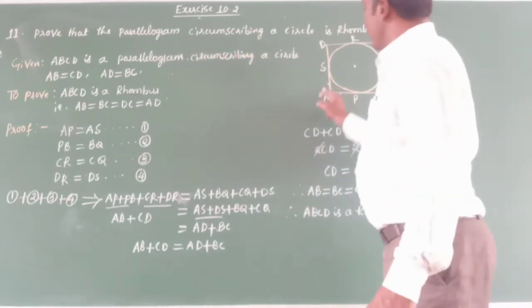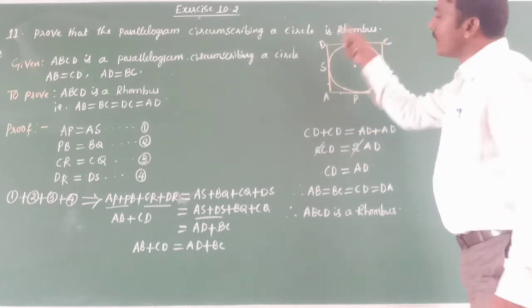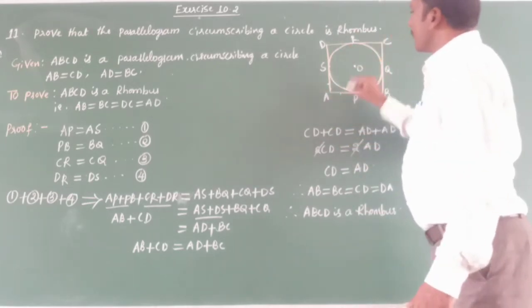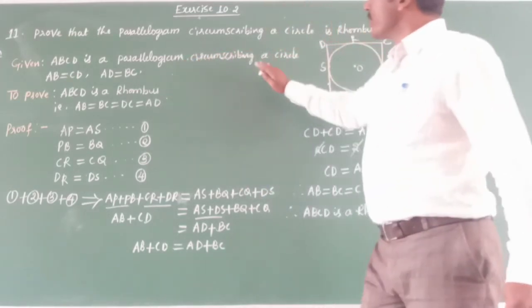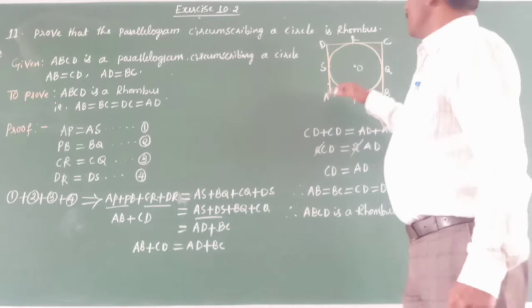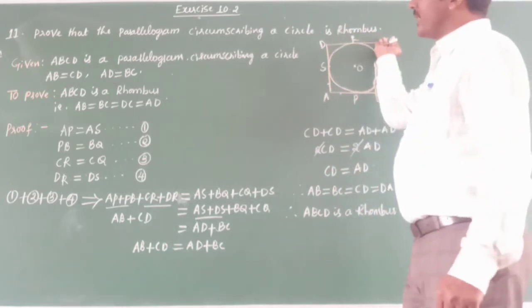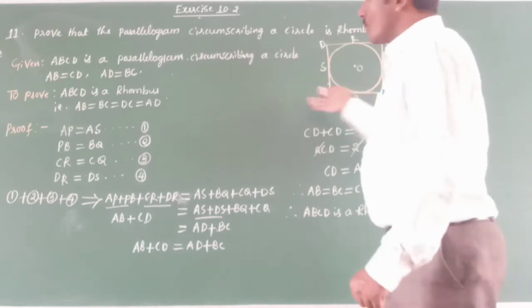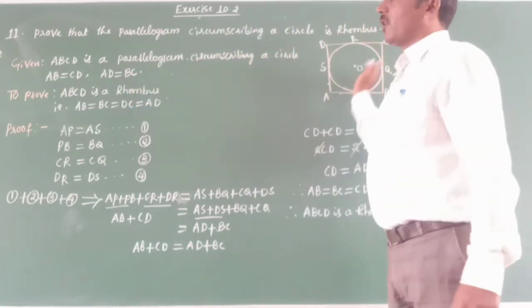According to the diagram, ABCD is a parallelogram and O is the center of the circle. In a parallelogram, opposite sides are equal: AB is equal to CD and AD is equal to BC.